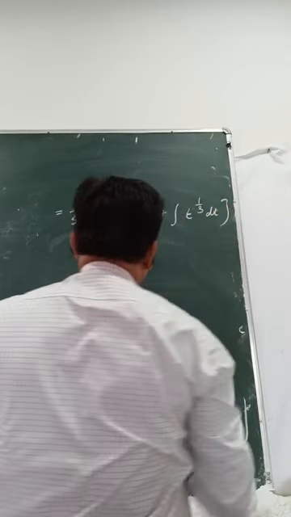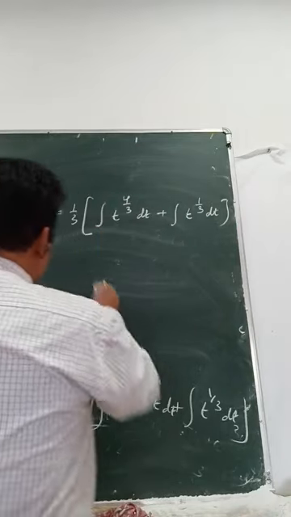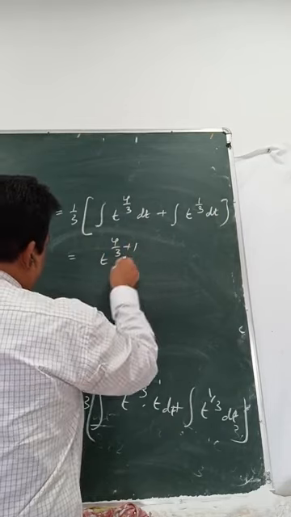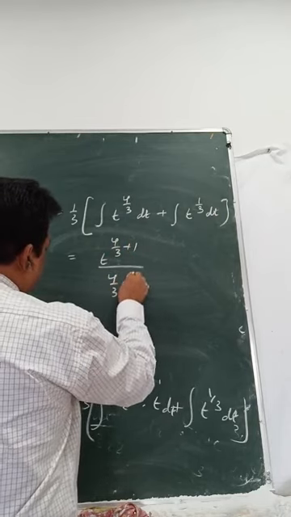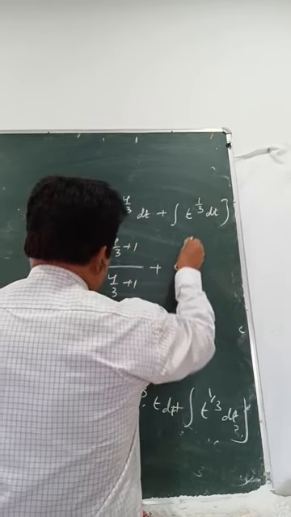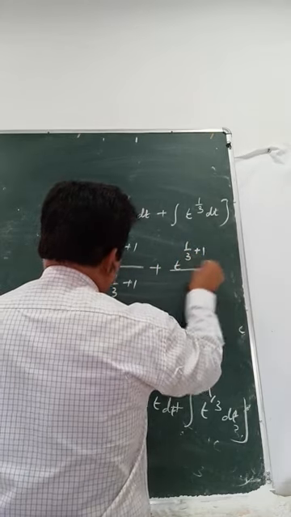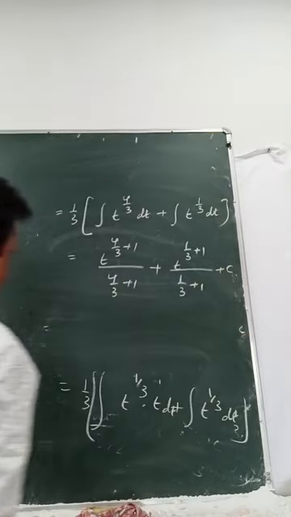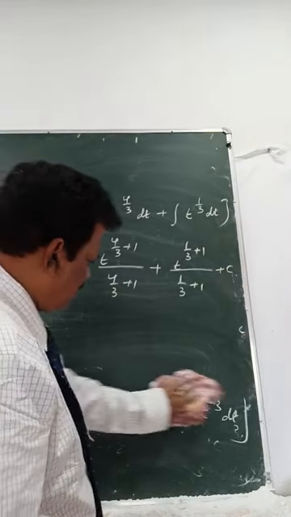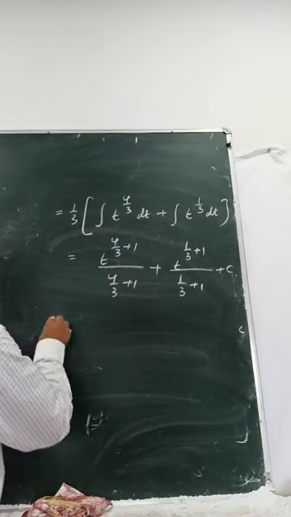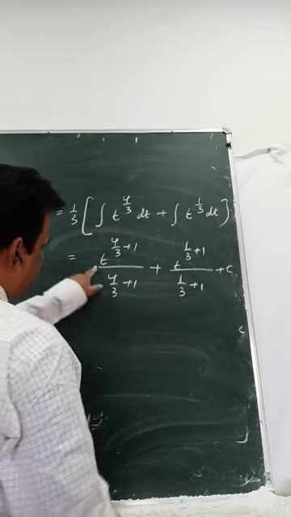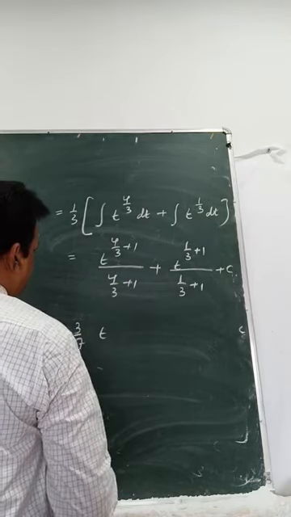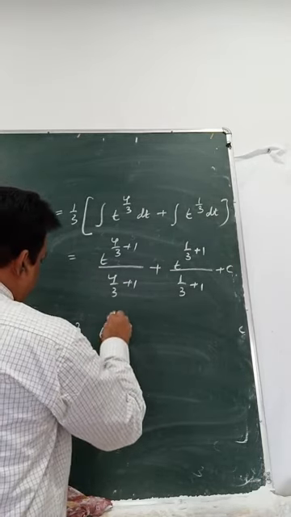So now you can use the nth formula. t to the power 4 by 3 plus 1 over 4 by 3 plus 1, and t to the power 1 by 3 plus 1 over 1 by 3 plus 1. This is 7 by 3. 7 by 3 will be 3 by 7, t to the power how much? 7 by 3.